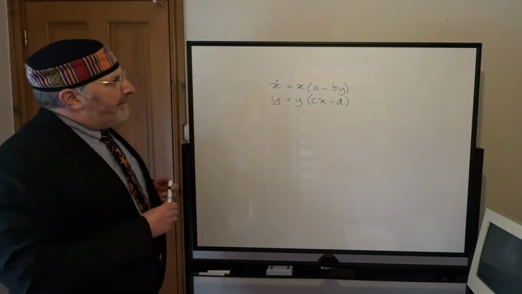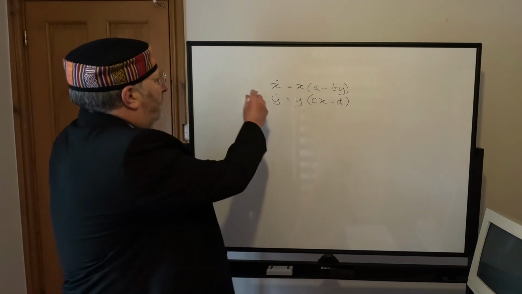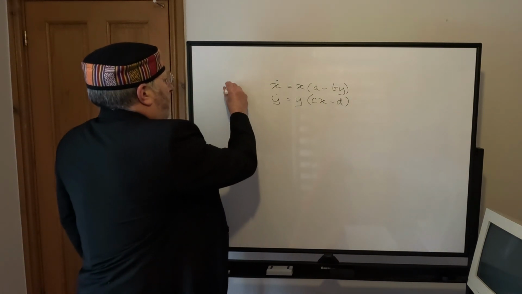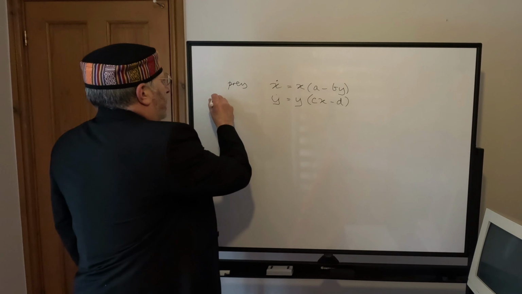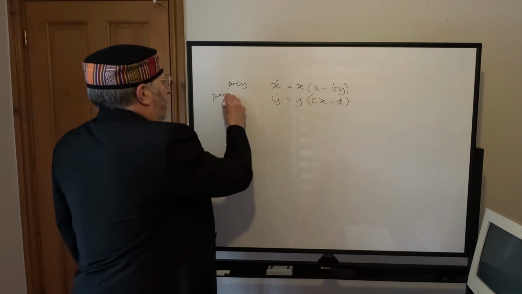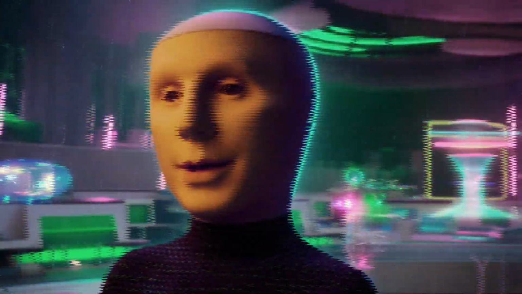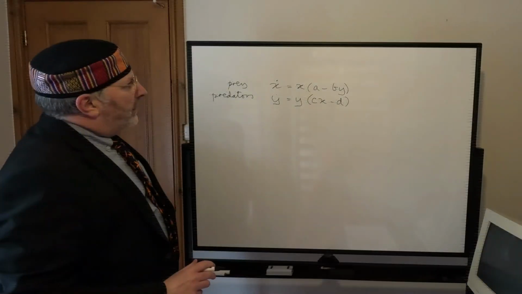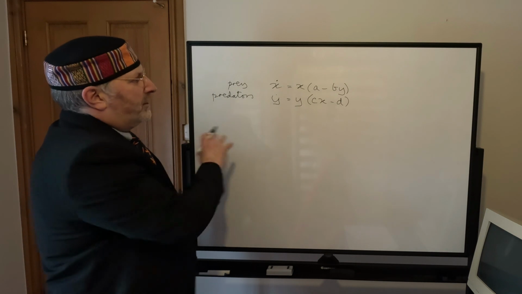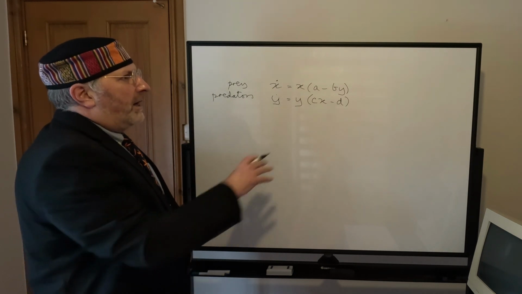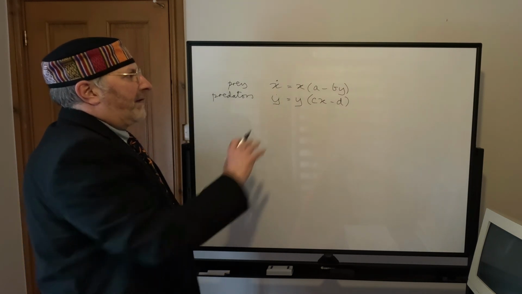So what we have here is, if we say X is the prey, the rabbits, and Y the predators, A, B, C, and D are constants. Each population tends to increase according to an exponential law.